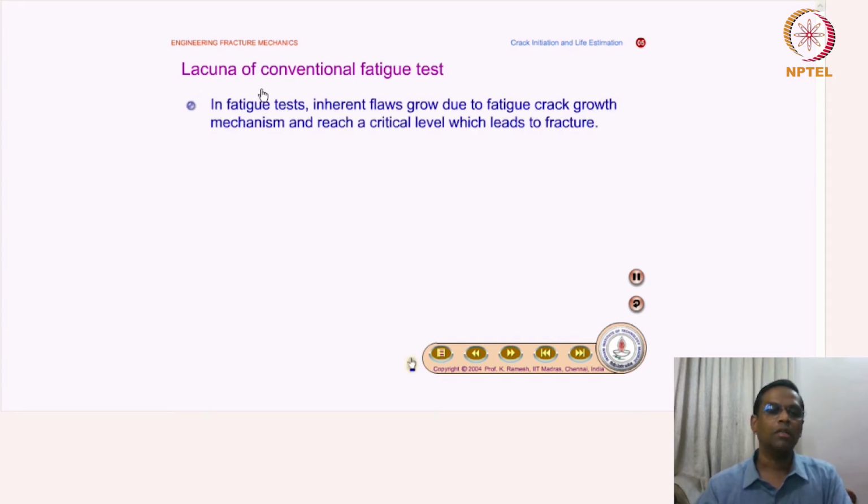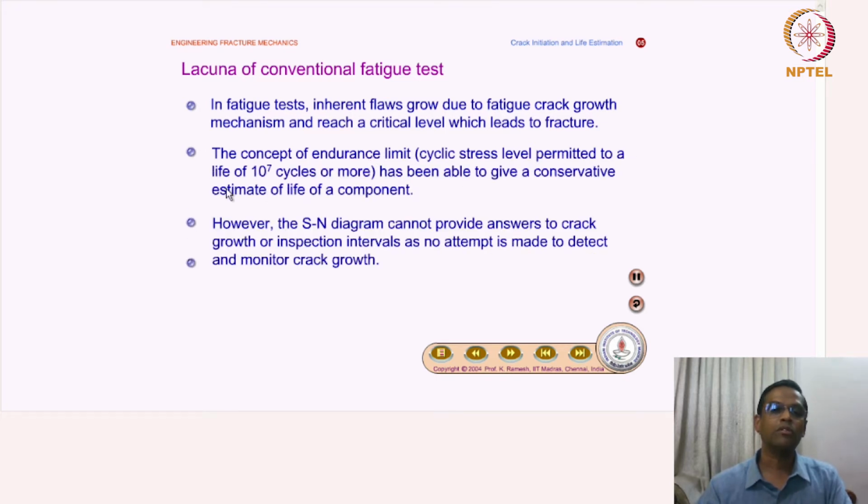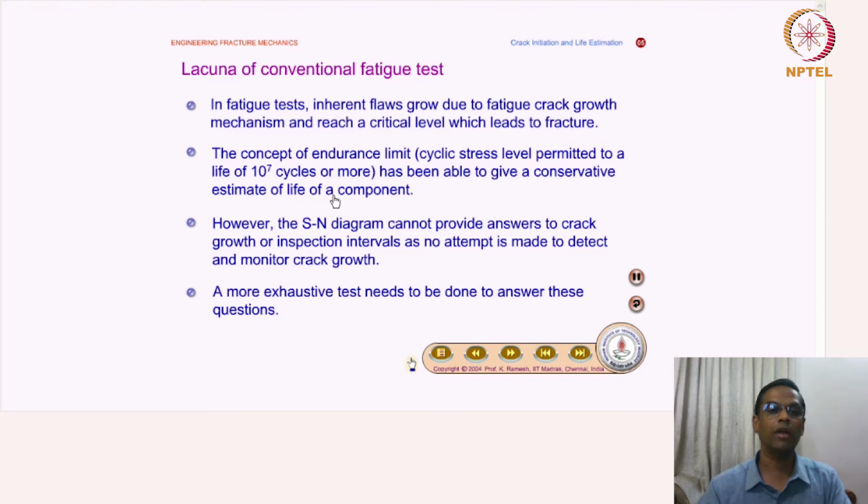And what are the limitations in fatigue test? Inherent flaws grow due to fatigue crack growth mechanism and reach a critical level which leads to fracture. The concept of endurance limit, the cyclic stress level permitted to a life of 10 to the power 7 cycles or more, has been able to give a conservative estimate of life of a component.